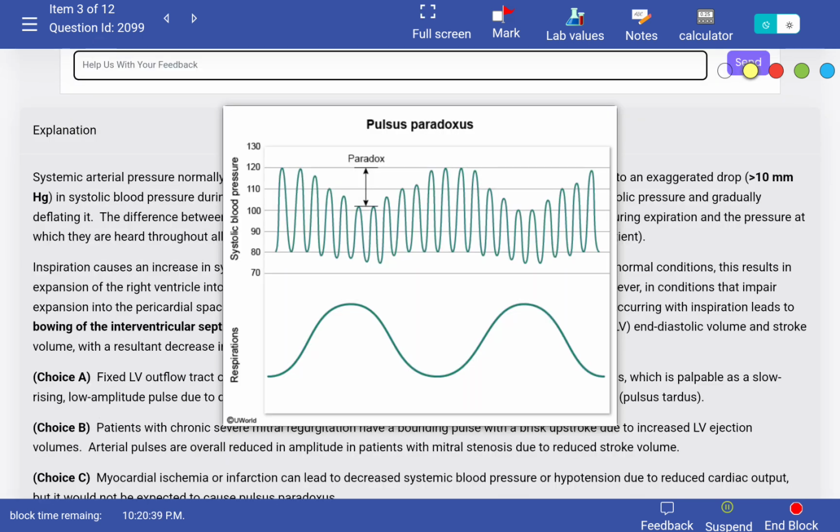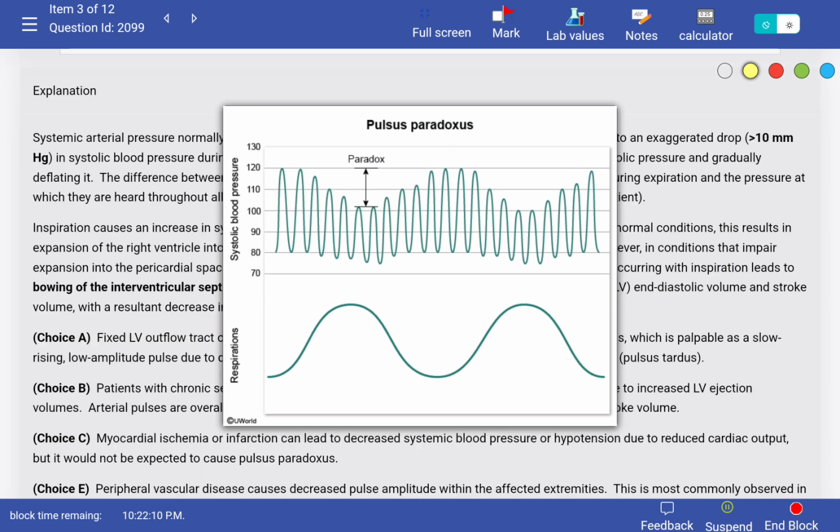So if we plot a graph, this is the graph for respiration, and this is the systolic BP over here. During inspiration, the normal drop should be less than 10, but over here we can see this is greater than 10, from 120 to 100 mm of mercury. So this would be considered as pulsus paradoxus, right?